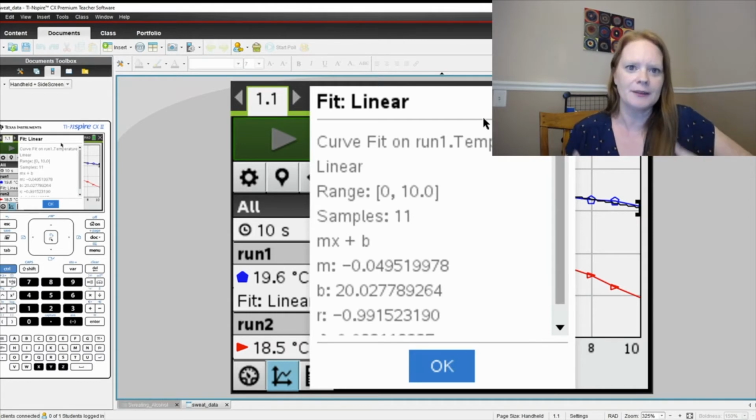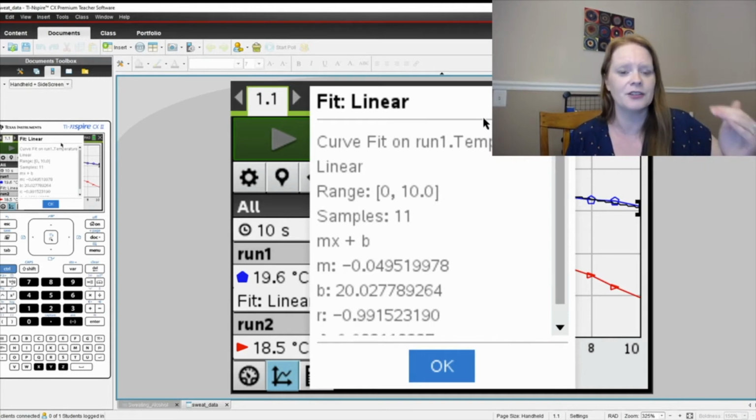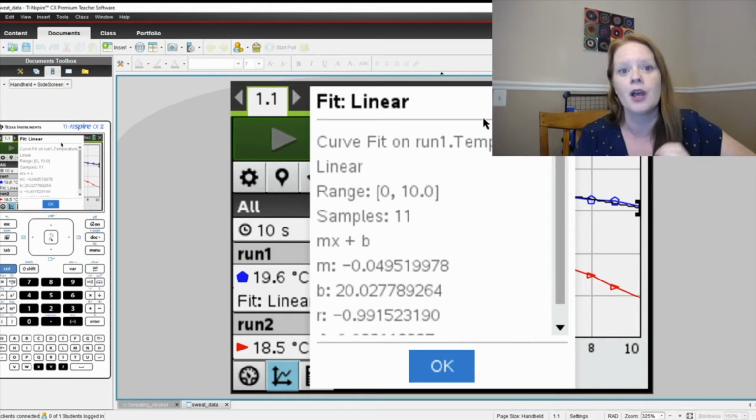So that's something that you want to talk with your students about. So it has a negative slope or negative rate of change, so that's going to be decreasing. So the temperature is going down, and it's going down at a rate of negative 0.05. So it's decreasing 0.05 degrees Celsius per second, because that's what we're looking at.